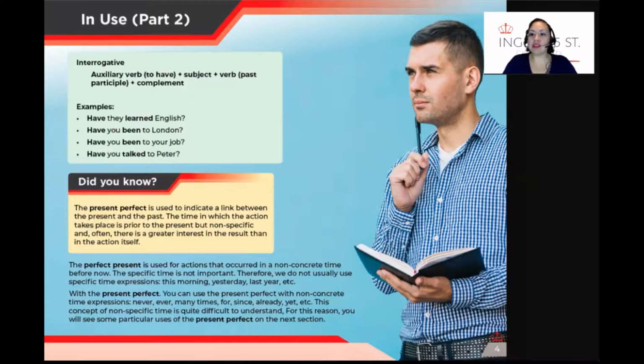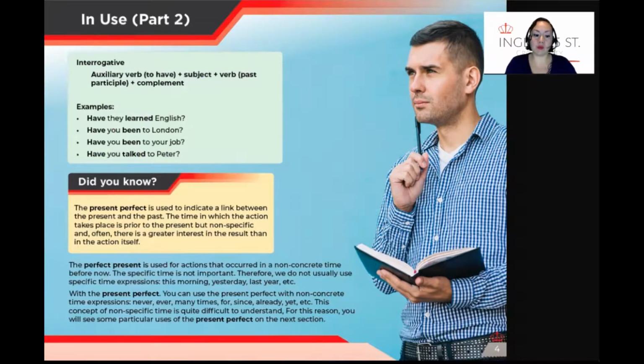Let's continue. In use part 2, interrogative, auxiliary verb, which is have or has, subject, verb, and the complement. Here we have the examples of how to use the questions with present perfect. If we want to make a positive or a negative sentence in present perfect, we are going to start with the personal pronoun and then the verb have in positive or in negative, and then the verb in past participle.